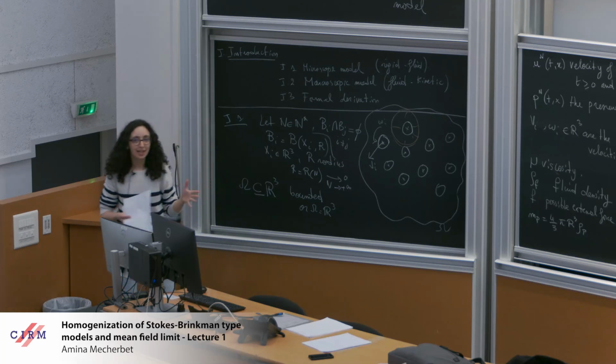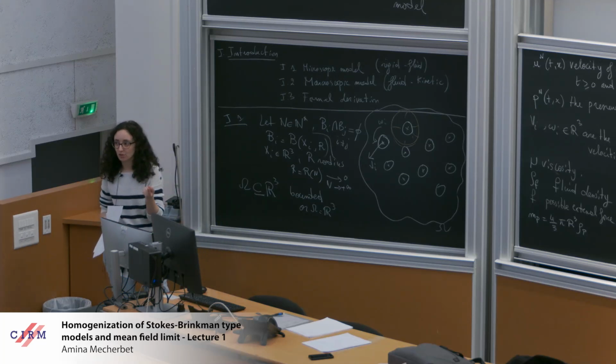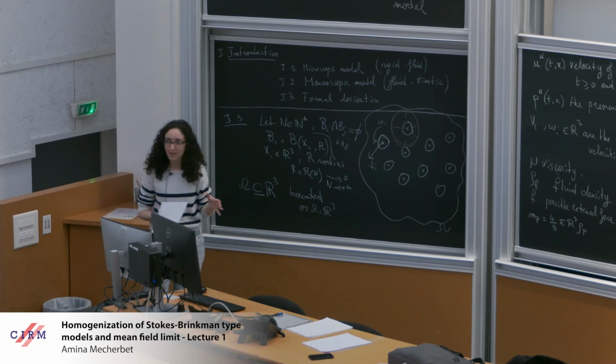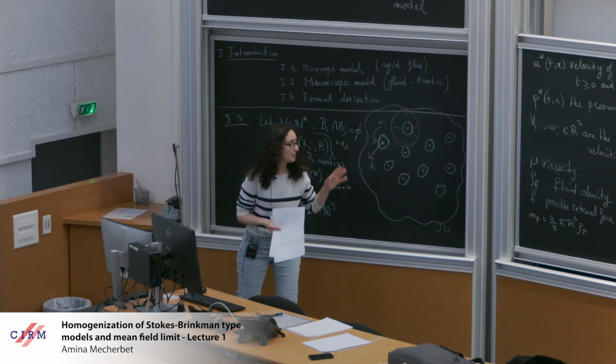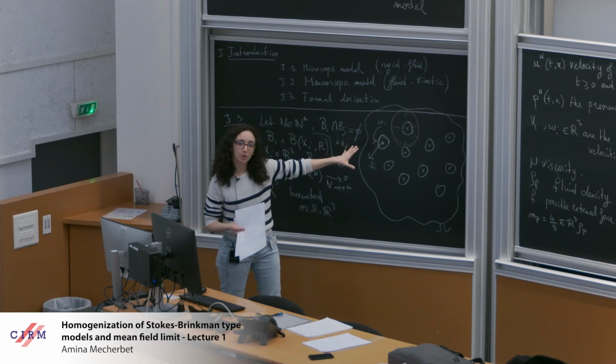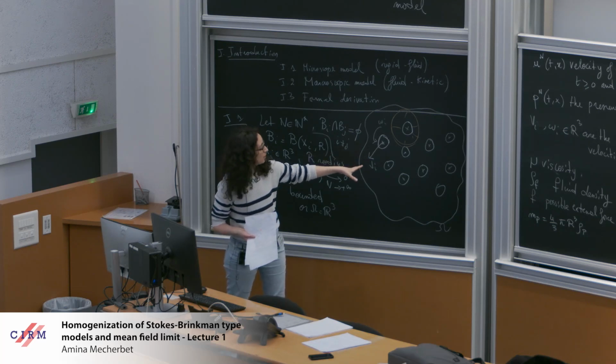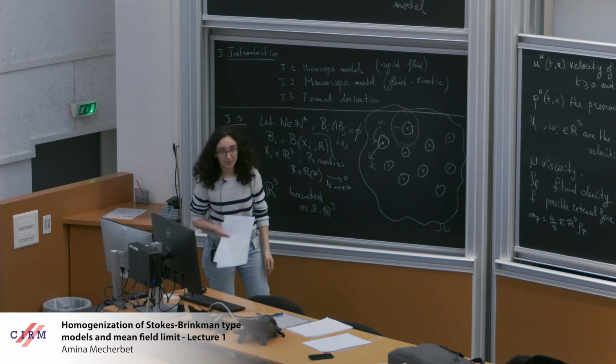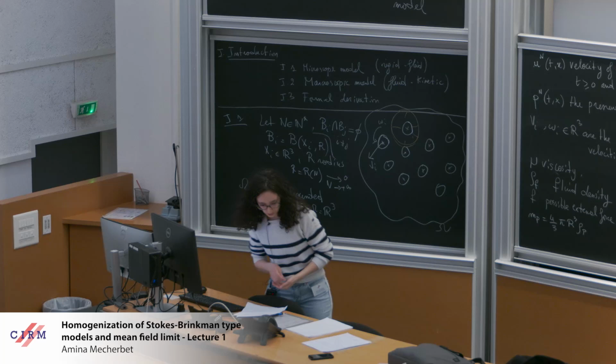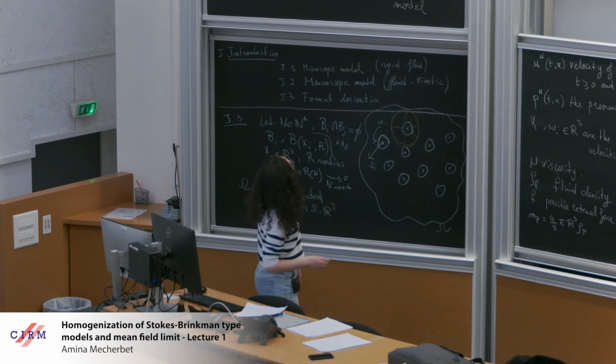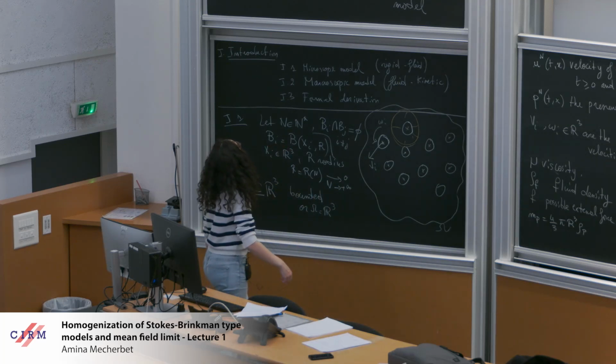So the idea is to first study the problem when you have only one particle and say a few words about that. And then we use these specific solutions in order to approach our problem with a domain which is perforated with N particles. So let's focus on the problem around one particle.